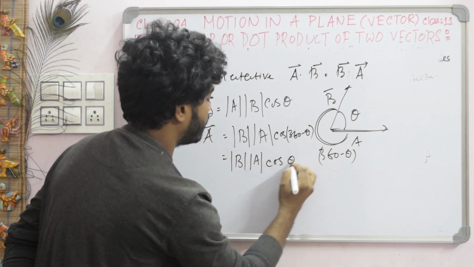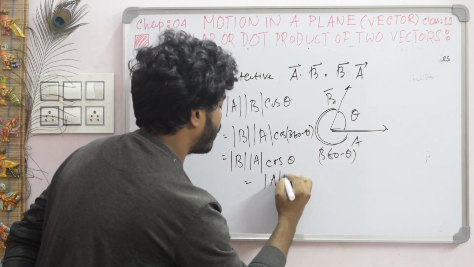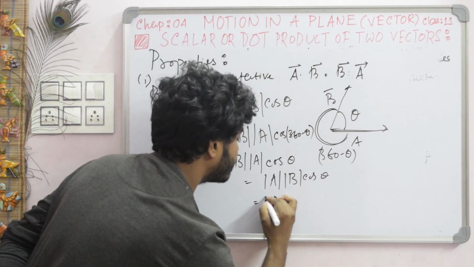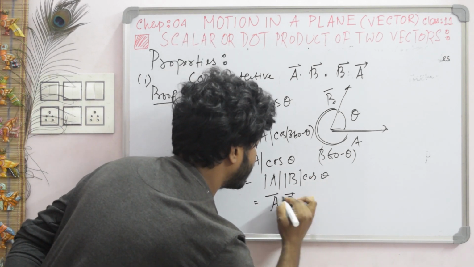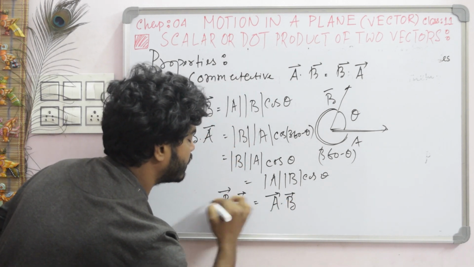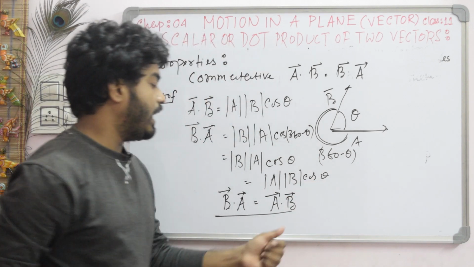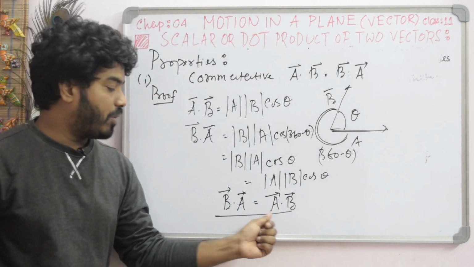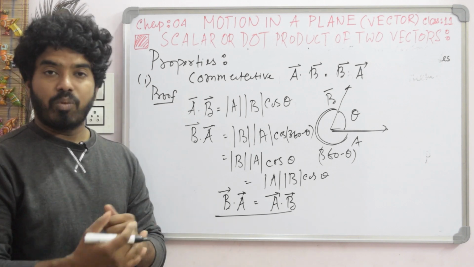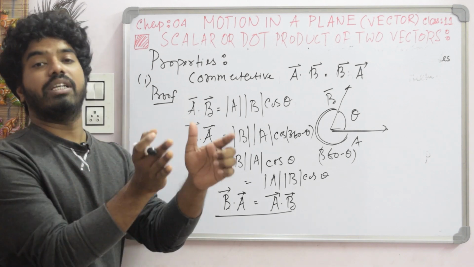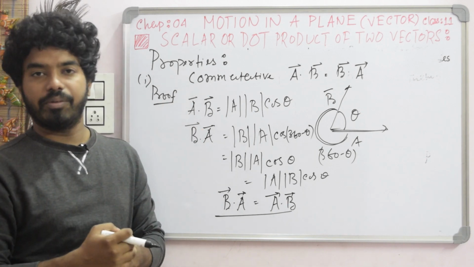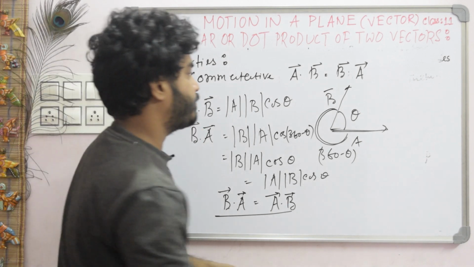So this gives mod A mod B cos theta, which means vector A dot vector B, exactly equal to vector B dot vector A. So the first point is that the dot product obeys the commutative law, and this is our proof for the commutative law.